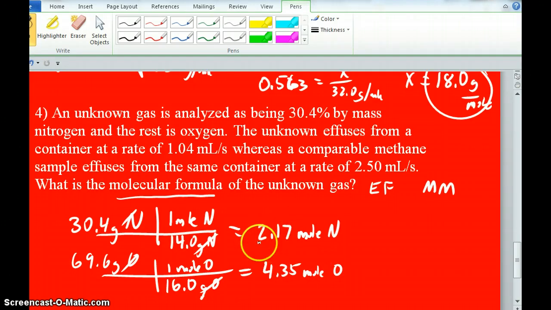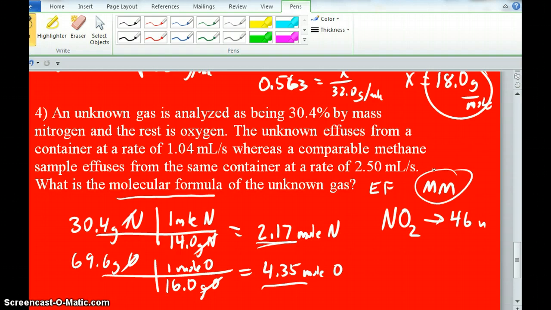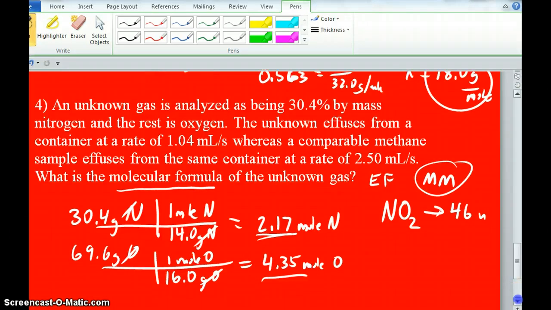And immediately I see that what we have is a 1 to 2 ratio of these atoms. So I know the empirical formula is NO2, meaning the empirical mass is 14 plus 32, that is 46 atomic mass units. Now to find the molecular formula, I need to know what the molar mass is, the mass of a mole of this substance.